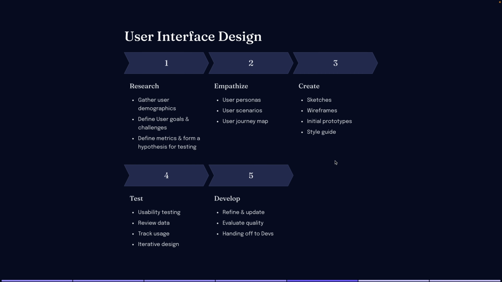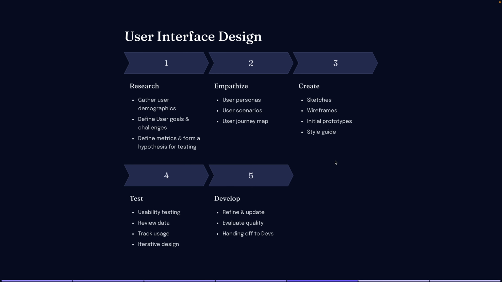Maybe the user prefers a cleaner design, right? And on the Likert scale, they say how important it is for them, so from 0 to 5, they put 5. Maybe it's the most important thing that they're looking for. So one of the design decisions you're going to make is to make a really clean looking design, using minimalistic icons and colors.